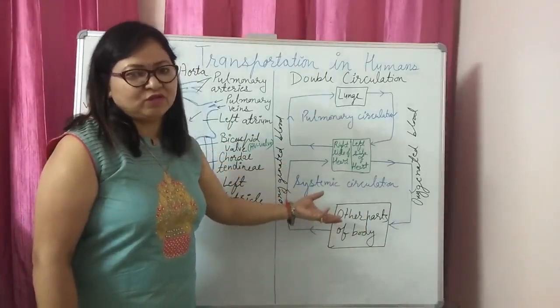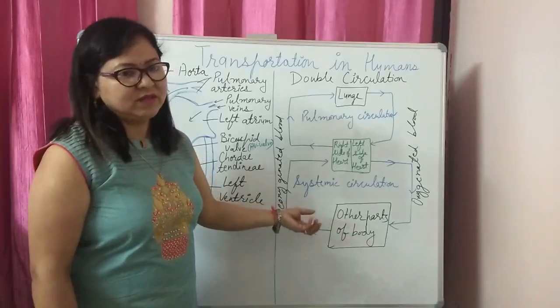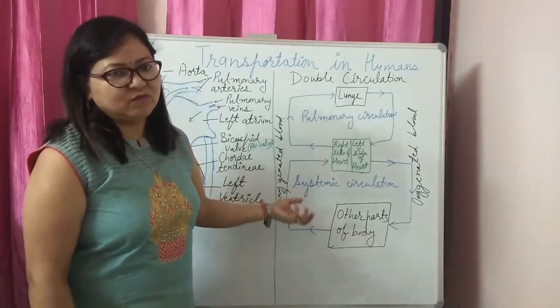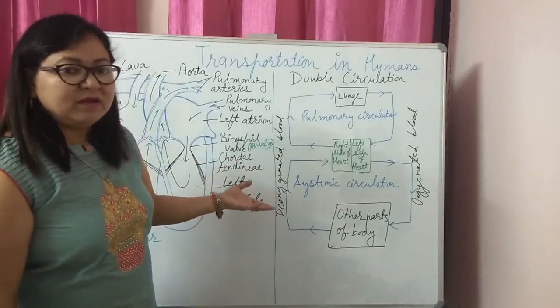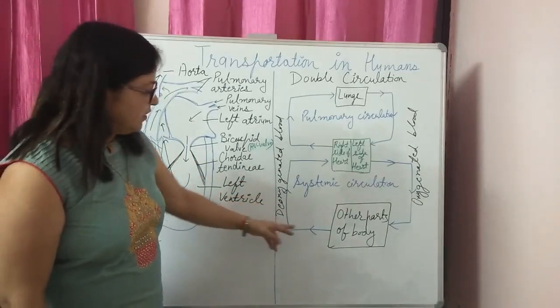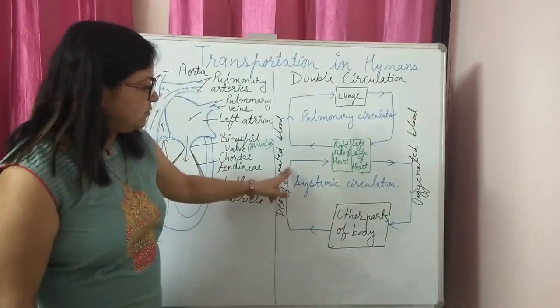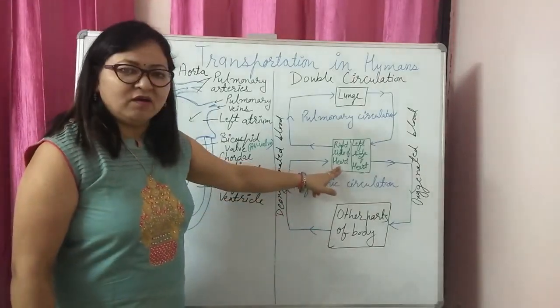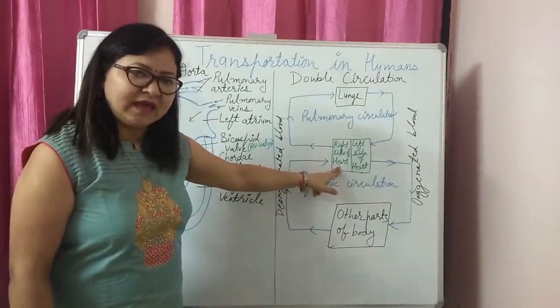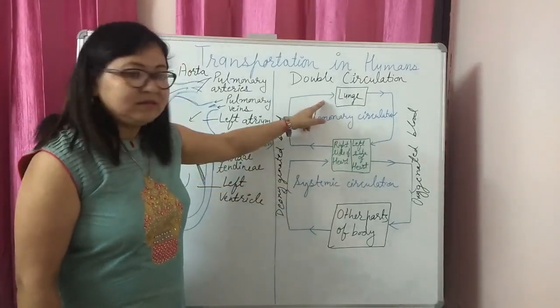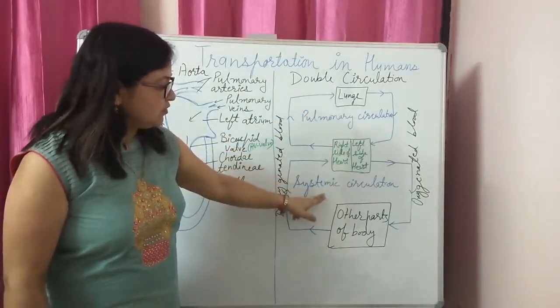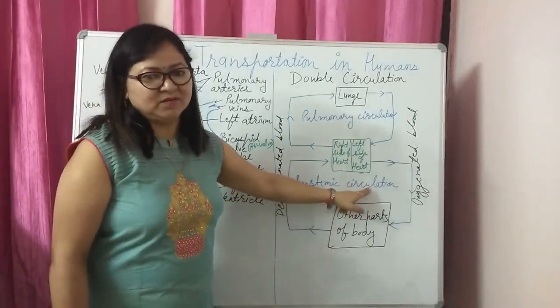These capillaries join together and form venules. Venules join together to form veins, and veins join together to form the bigger vein known as the vena cava, and it brings deoxygenated blood back to the right side of the heart. As it covers all body parts other than the lungs, this circulation is called systemic circulation.